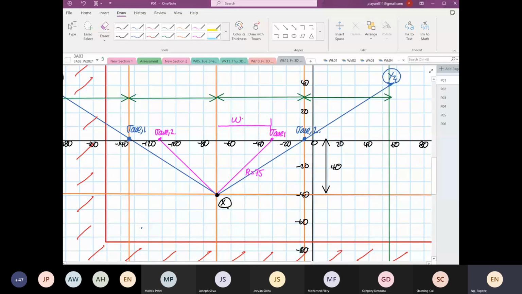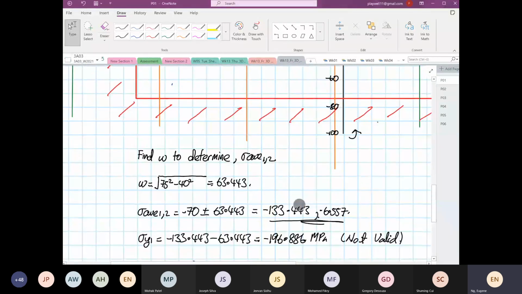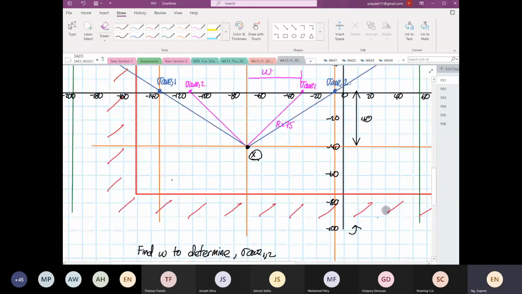That's why we calculate omega, and the purpose of omega is to calculate the distance from the x point to the average stress, the center of the circle. So that's what we're trying to do, and we get an omega.